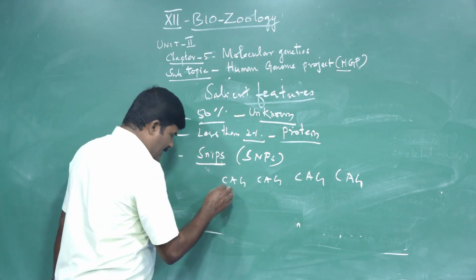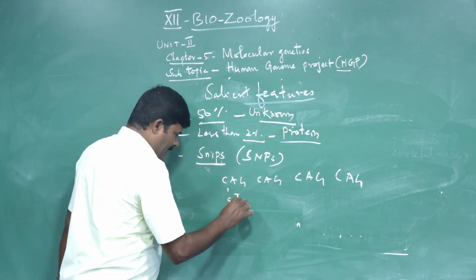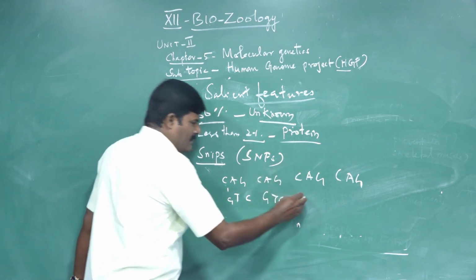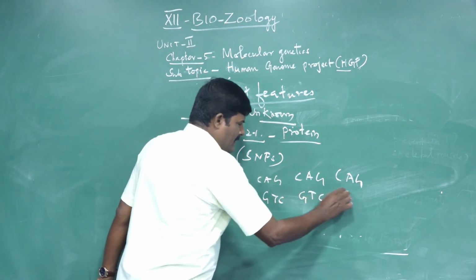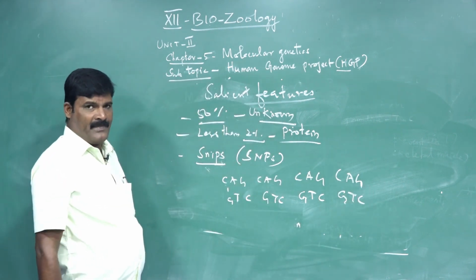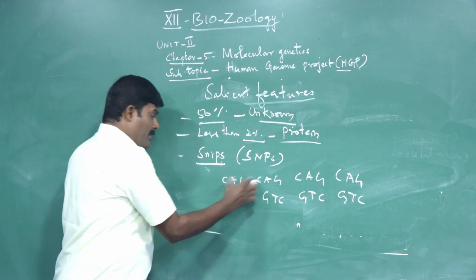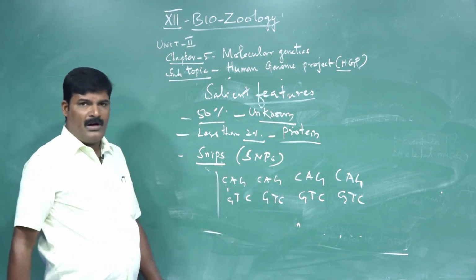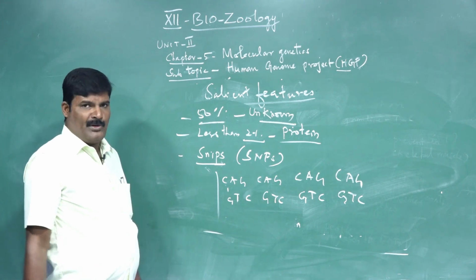It is always G, next T, next C, the same, GTC. That is the same sequence, repeated copies, more copies. This one is repeated again, four times. So this is called polymorphism. It is a repeated portion.